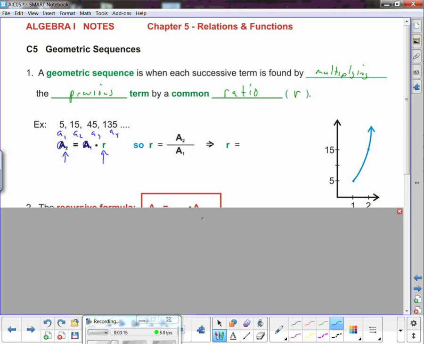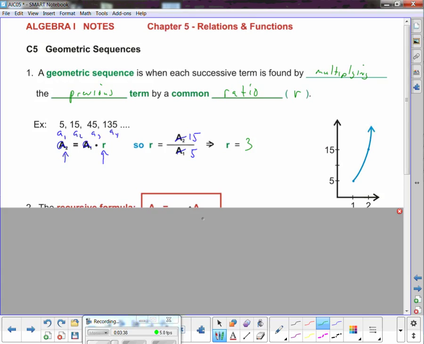So, what is our second term? It's a 15, right? What is our first term? It's a 5. And therefore, our common ratio is the ever-popular 3. And what happens when you multiply 5 by 3? You get 15.